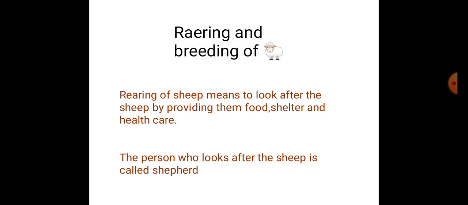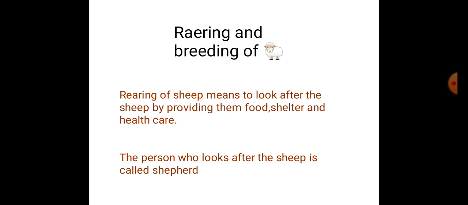Sheep are also reared in the plains areas of Haryana, Punjab and Rajasthan. Sheep are herbivorous animals, and apart from grazing, they are also provided pulses, corn, jowar, oil cake and minerals.